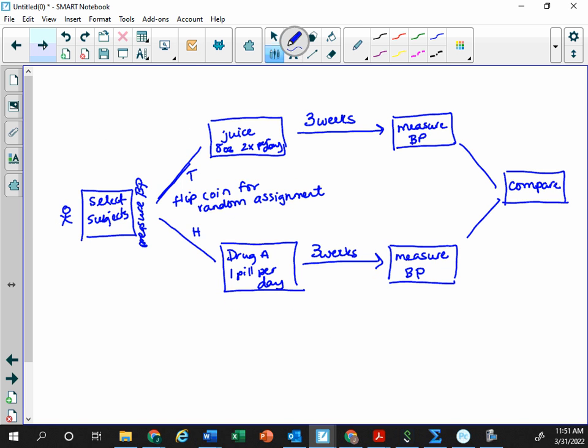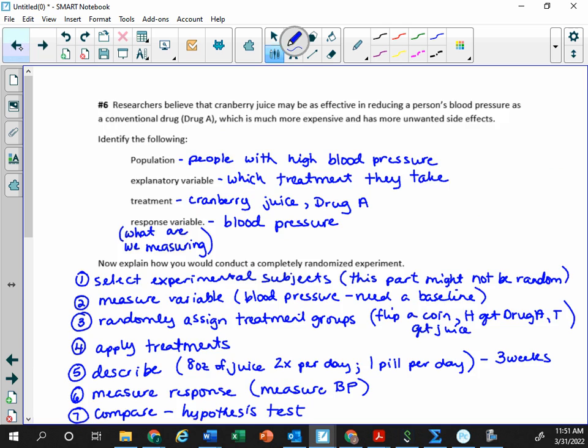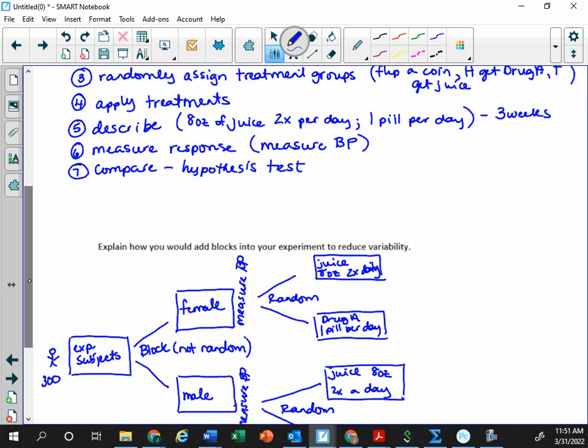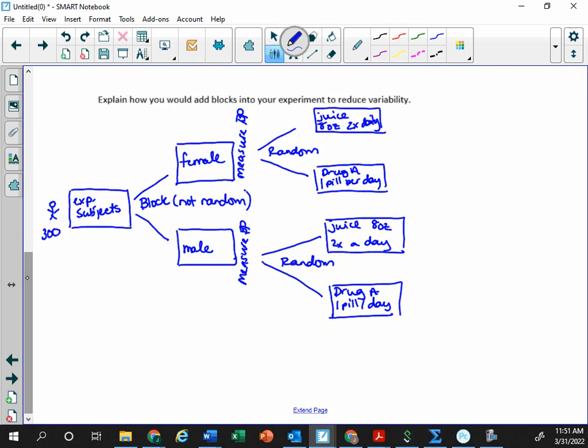And again, let's see, what did I do? Tails for juice. So you want to include that, like tails here, heads here. You've got your 3 weeks.